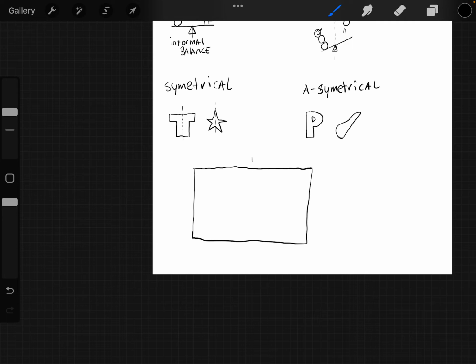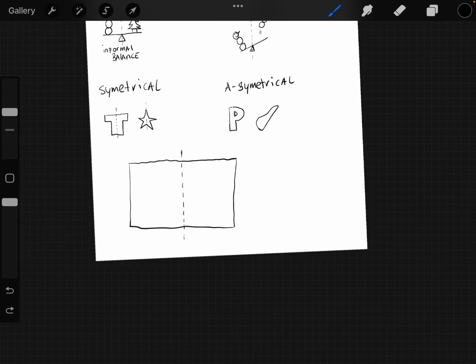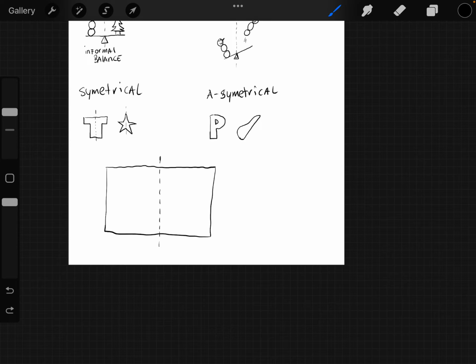Then what you can do is draw a line in the middle, like so. And basically that is like a mirror, right? So when you look at something, you're trying to find out if this one or this one feels like it's more important.